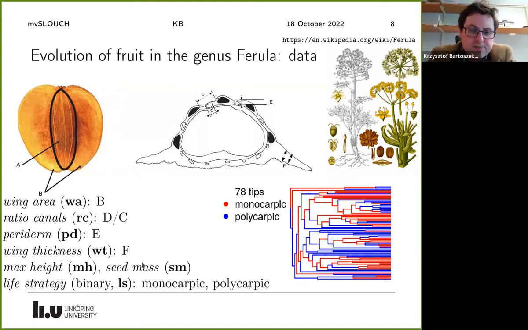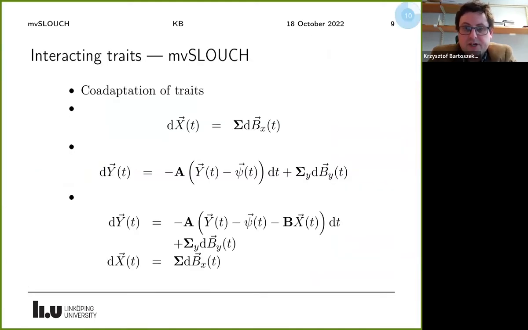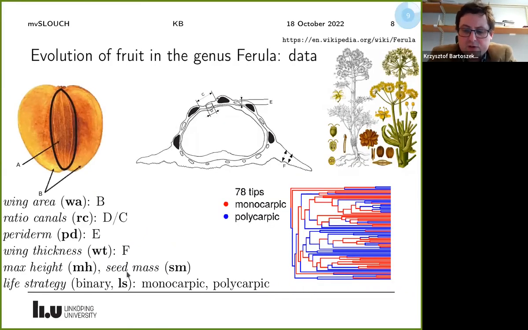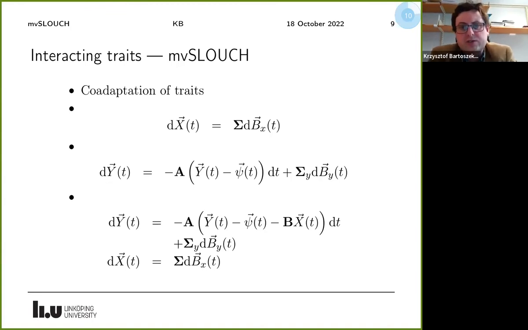So from our perspective, we have 1, 2, 3, 4, 5, 6 continuous variables that jointly evolve on this tree, and we have a binary variable that is one level for some of these plants, another level for the others. Okay, and we want to essentially study how these traits co-adapt, whether any irregularities can be seen, whether we can see which traits influence which traits.